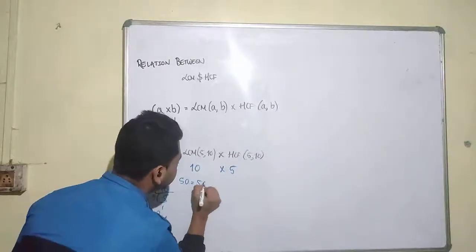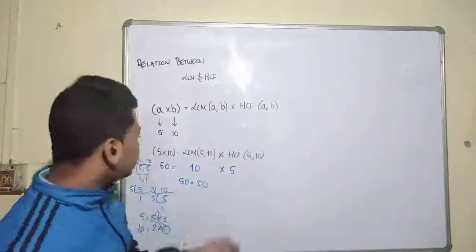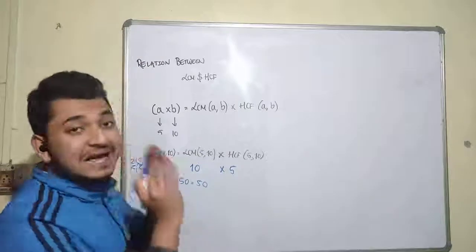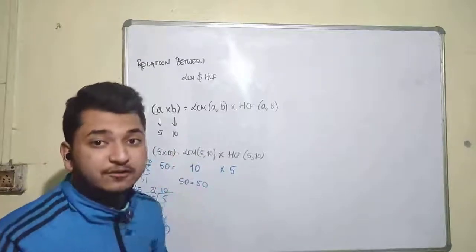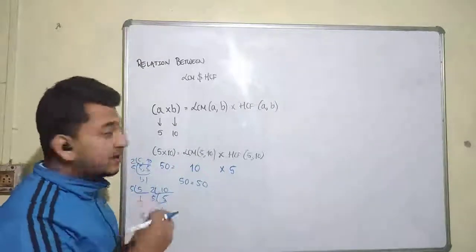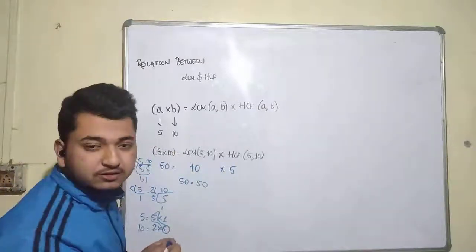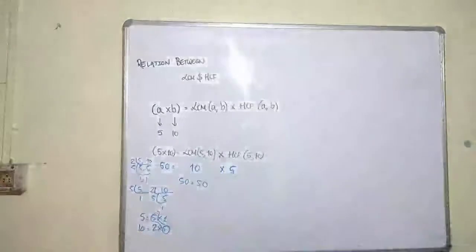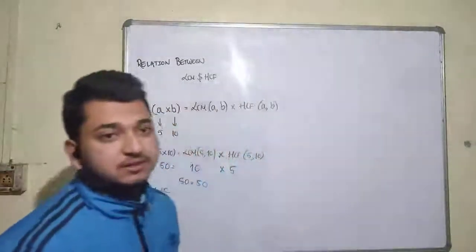So 50 is equal to 50. So we have proven that the product of two numbers is equal to the LCM of the two numbers into the HCF of the two numbers. Okay, so we have got this relation. Now we'll move on to questions for this one.